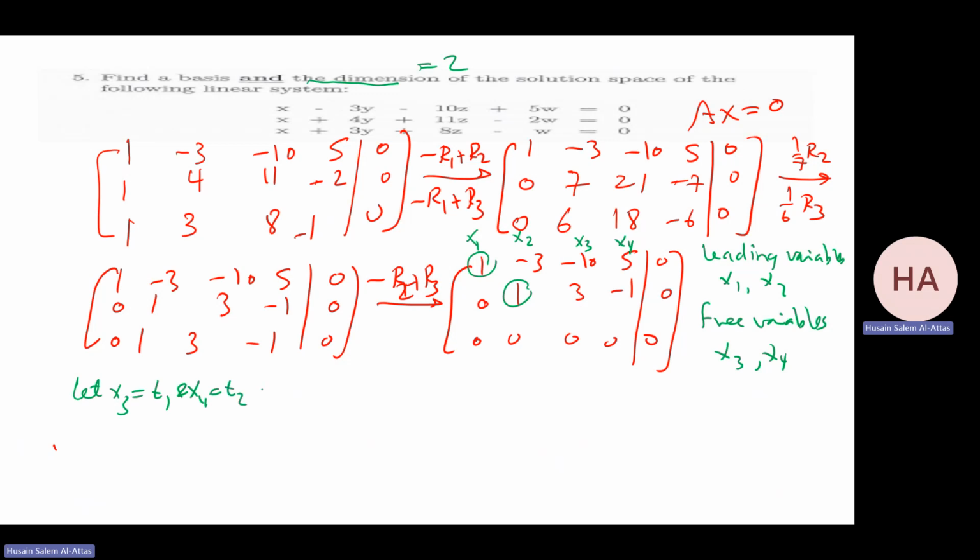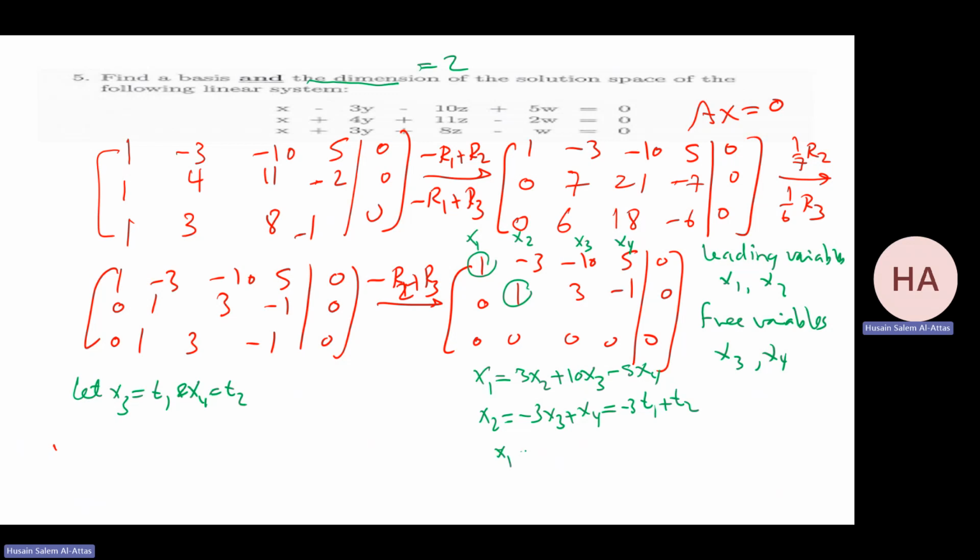What will be x1? From here, let's write it here. x1 will be 3x2 plus 10x3 minus 5x4. x2 will be what? Minus 3x3 plus x4. It's minus 3t1 plus t2.